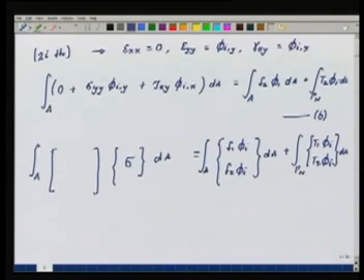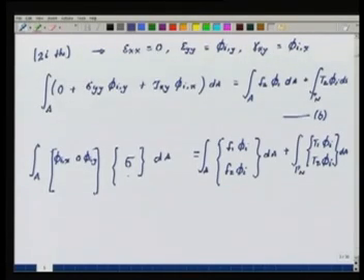Okay, now let us look at the first equation. So sigma xx into what will I have? I will have sigma xx into phi I comma x, sigma yy into 0, sigma xy into phi I comma y. Okay.